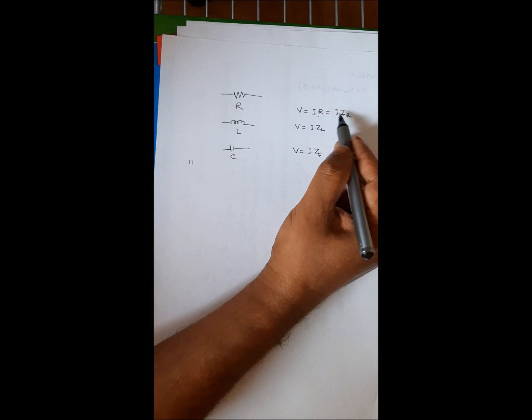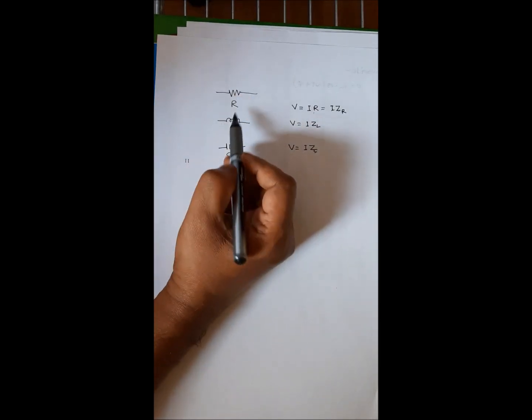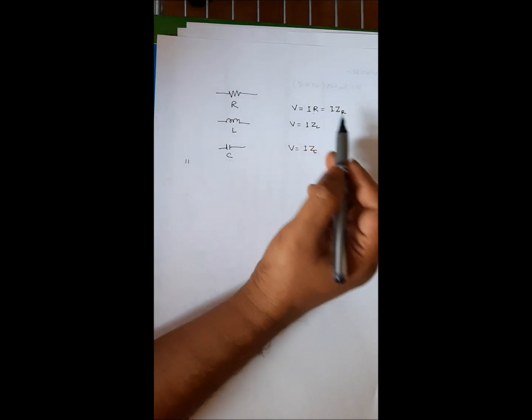So you can use R or ZR, they are the same. R is resistance, and if you want to make a common parameter, impedance, for each component, then you can write resistive impedance, inductive impedance, capacitive impedance, or you can write R and X.